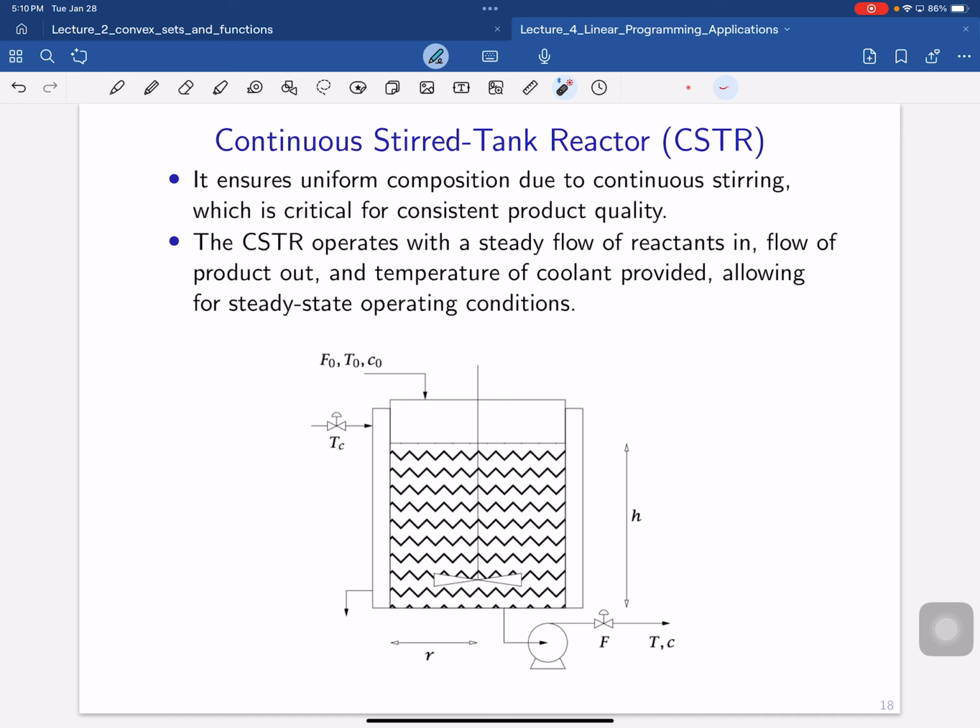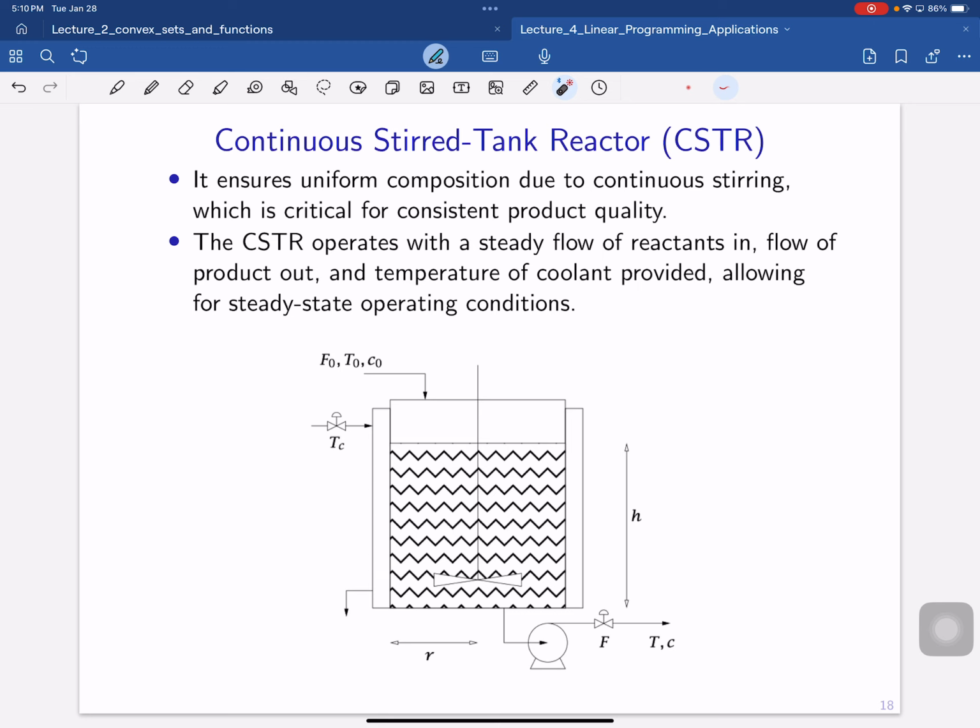The flow rate is denoted by F0, the temperature is denoted by T0, and C0 denotes the concentration of the raw material to this reactor. At this reactor, you assume perfect mixing. You may have concentrations of chemicals A, B, or C. Let's assume the concentration is uniform in this reactor because you have something stirring in it.